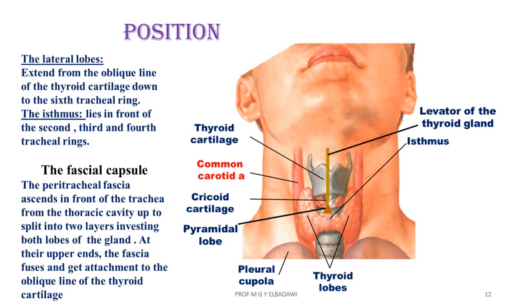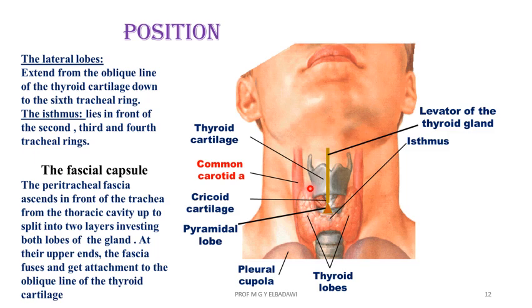Now the position of the gland. The position here is formed of two lateral lobes and an isthmus. This is the position of the possible pyramidal lobe, if present, and the levator glandulae thyroideae, or the levator of the thyroid gland, in the middle line up to the hyoid bone.